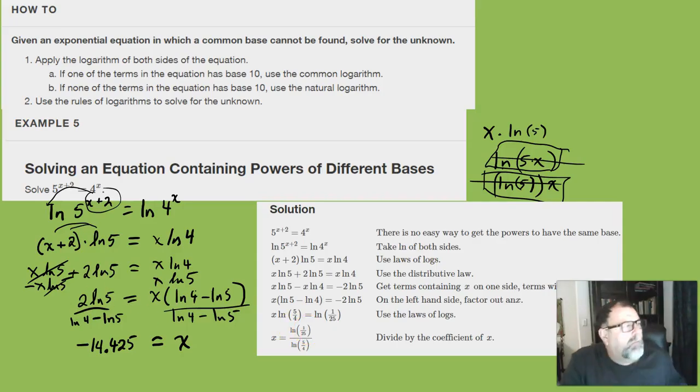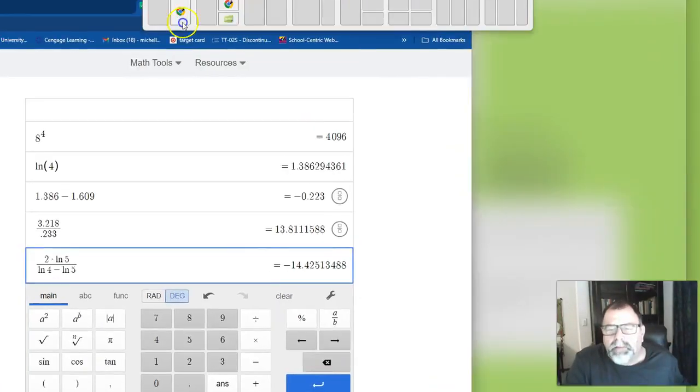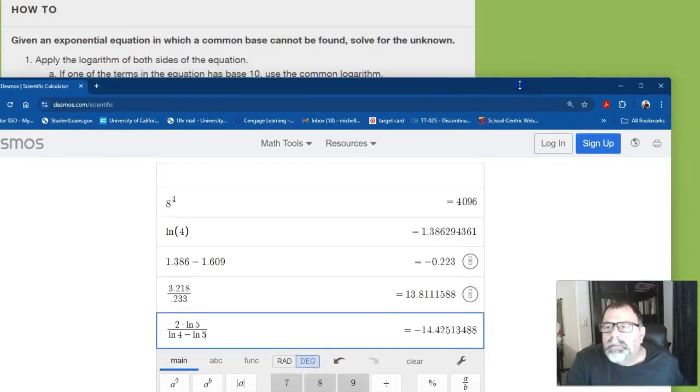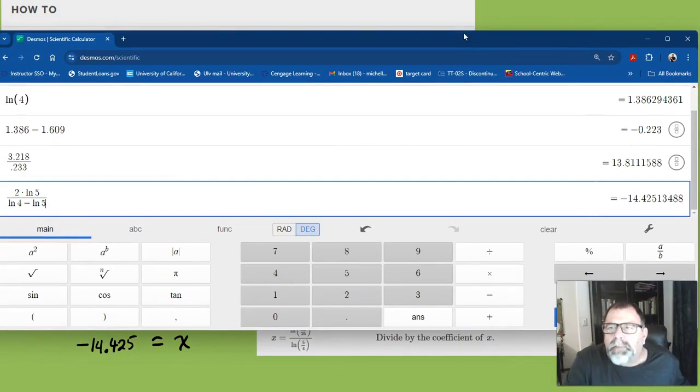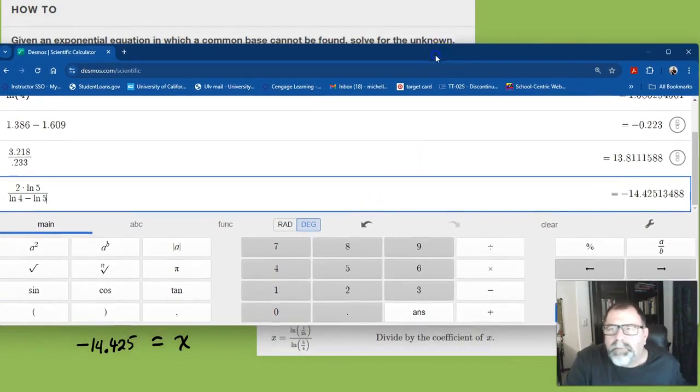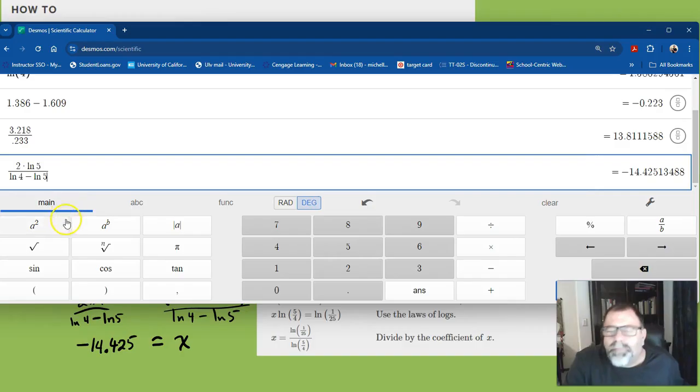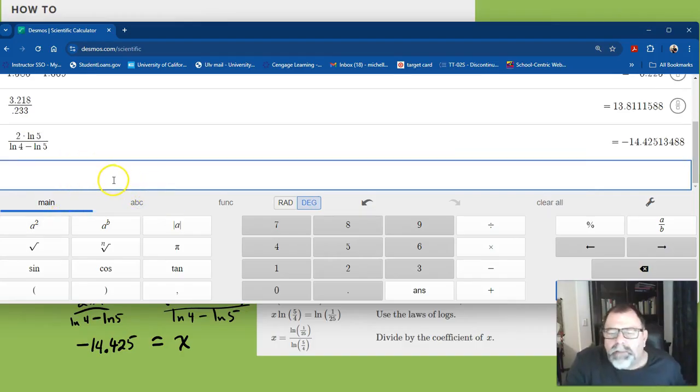But if we were to put that into Desmos, so for me, it depends on what I'm doing. If I want the exact answer, then I'll probably do something similar to what they did. But most of the time when you're doing these, you're just going to get an approximate answer, right?